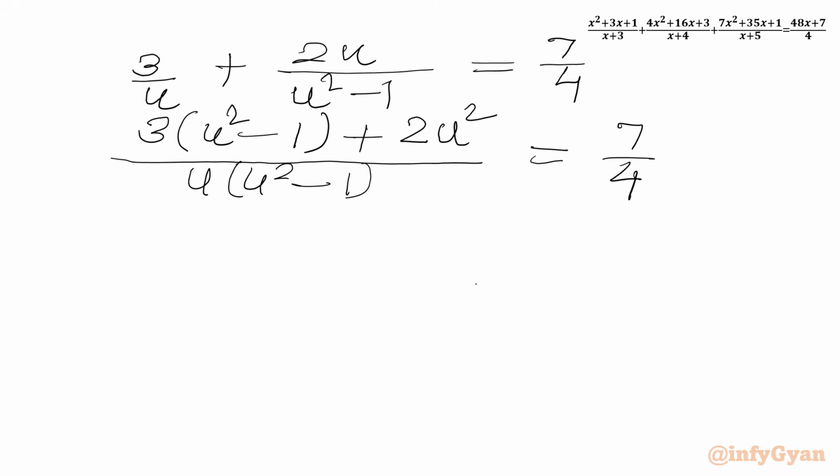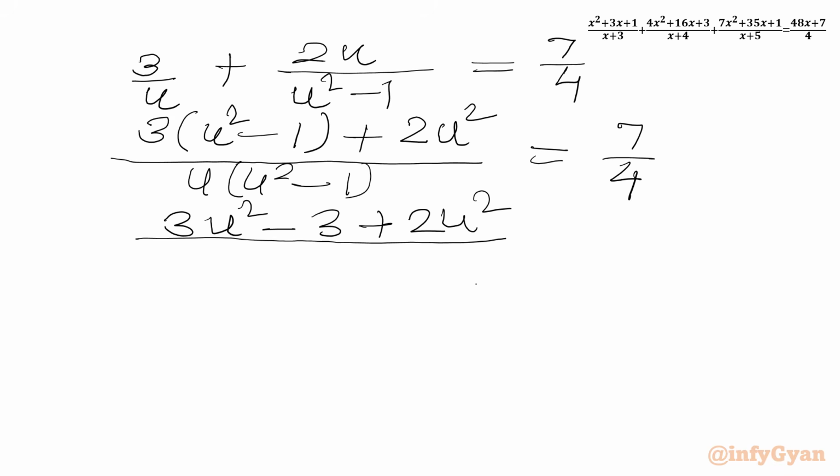Now we'll simplify and we can write 3u square minus 3 plus 2u square in the numerator of LHS. And in the denominator we can write u cube minus u. In RHS we have 7 over 4. Now we will cross multiply.